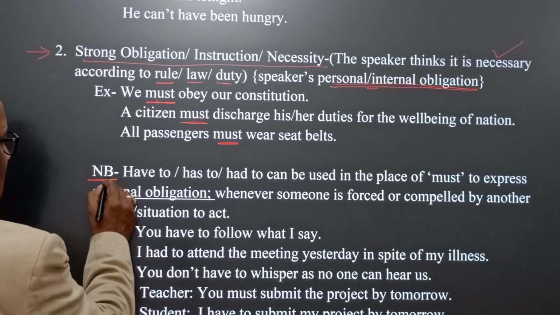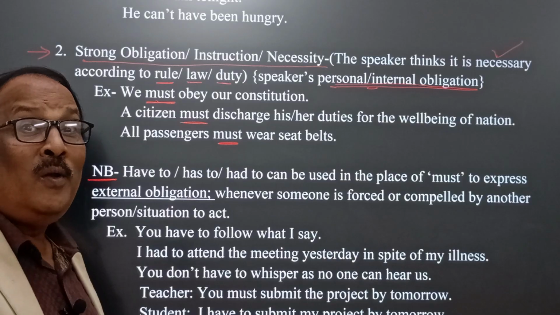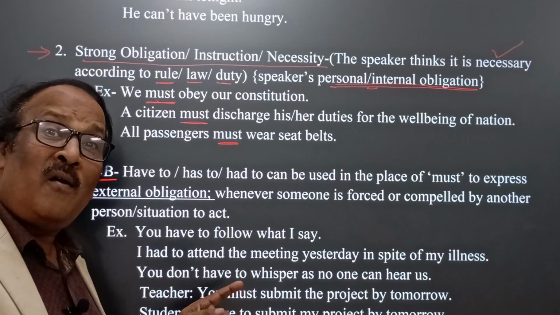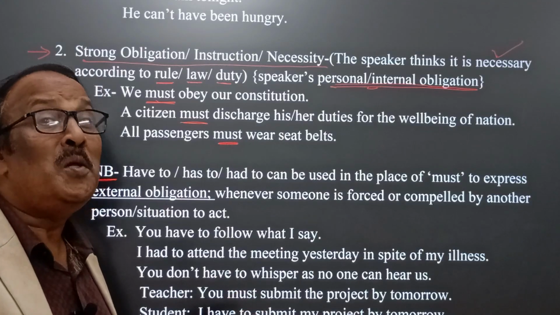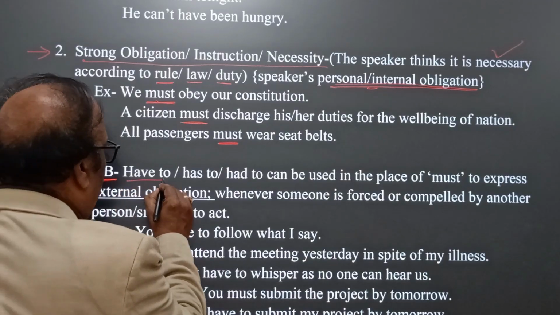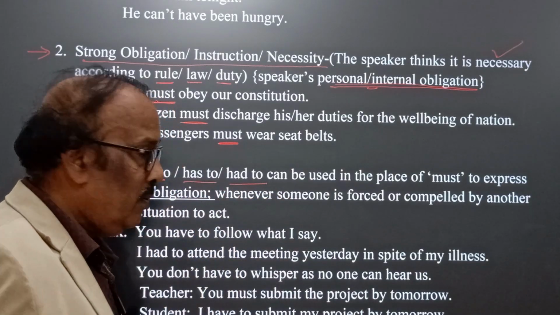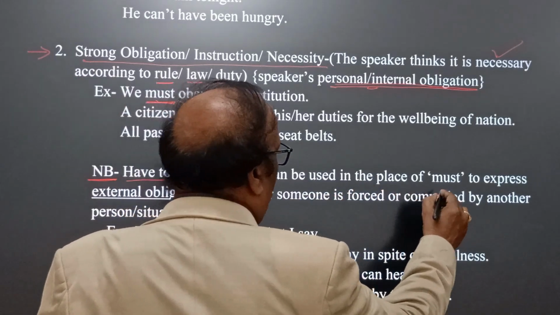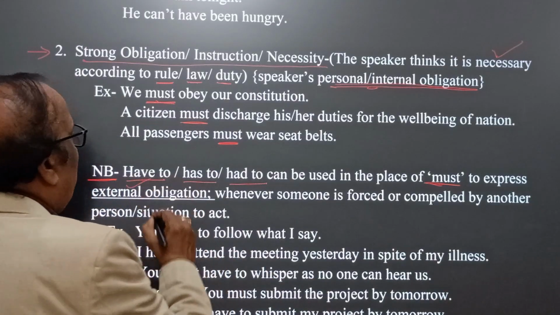But here we have also another very interesting idea: how we use have to or has to or had to in place of must. Let's see. Have to or has to or had to plus infinitive can be used in place of must to express external obligations.